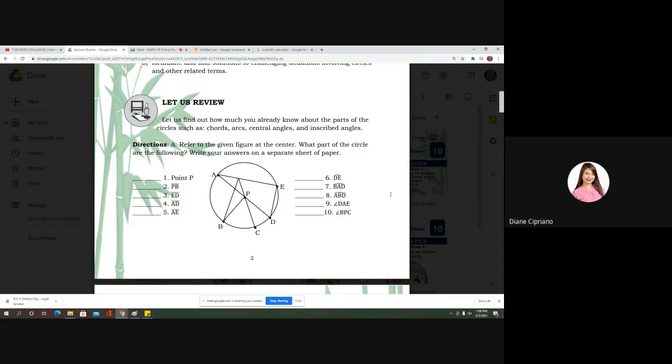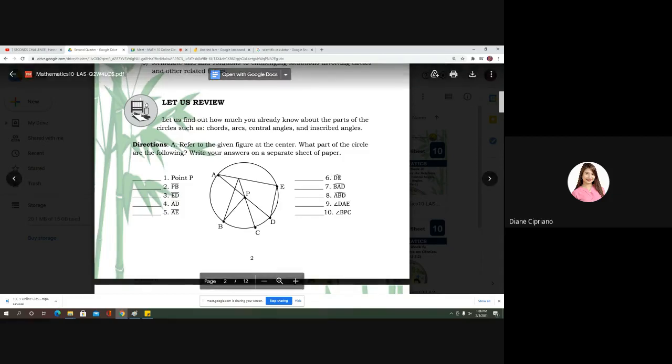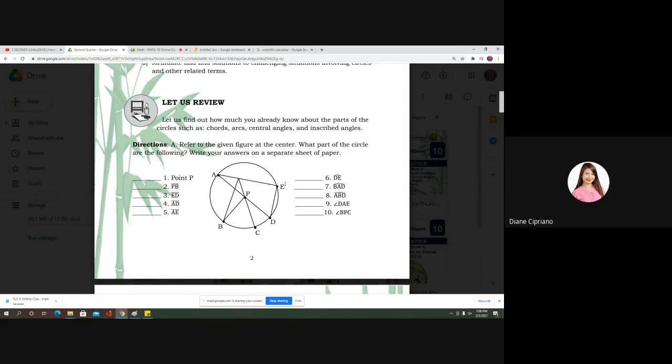For number 6, we have an arc DE. This is an arc, or we can also name it a minor arc. And then the arc BAD would be our major arc. So this is the B, A and then D. And then this one, the BC, is our minor arc as well.